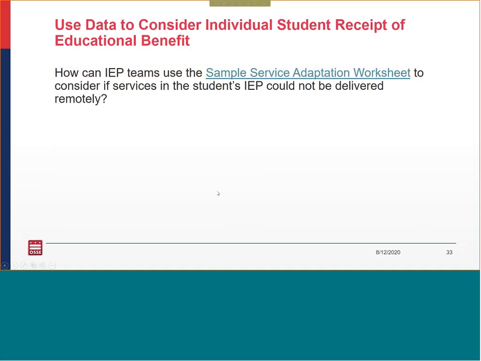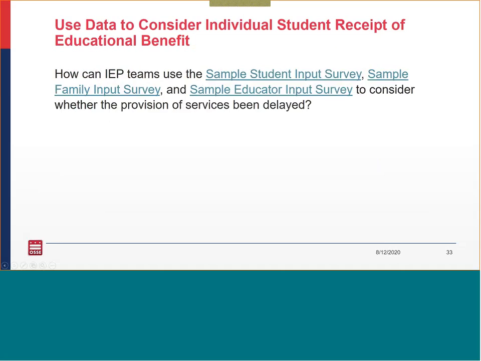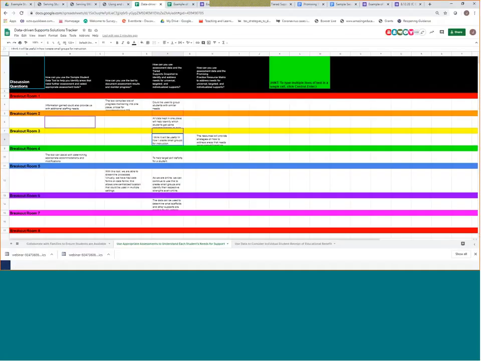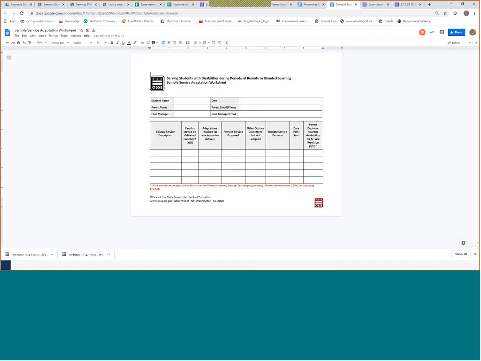Okay, so let's go look at that adaptation worksheet, and then we'll think about how we could use it. This is just one of the least exciting tools I've shared with you today, but it is really important.